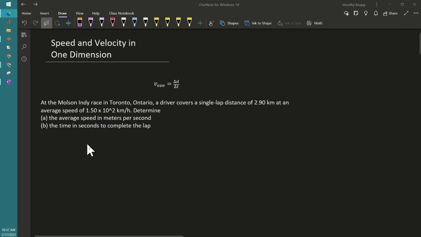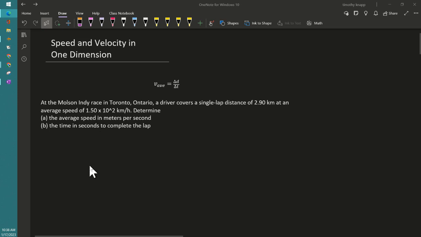unit conversion. And if you've been doing this stuff for a while, you know that converting kilometers per hour into meters per second is just a simple operation of dividing by 3.6.